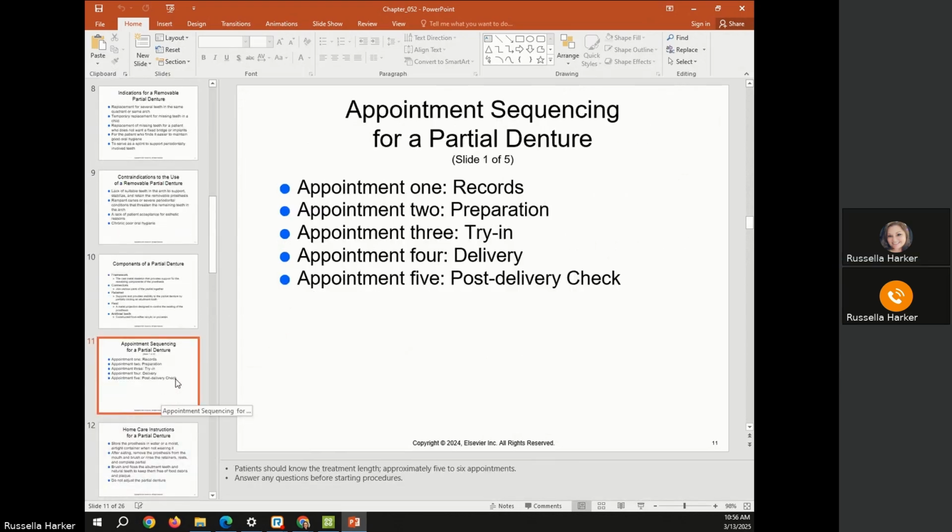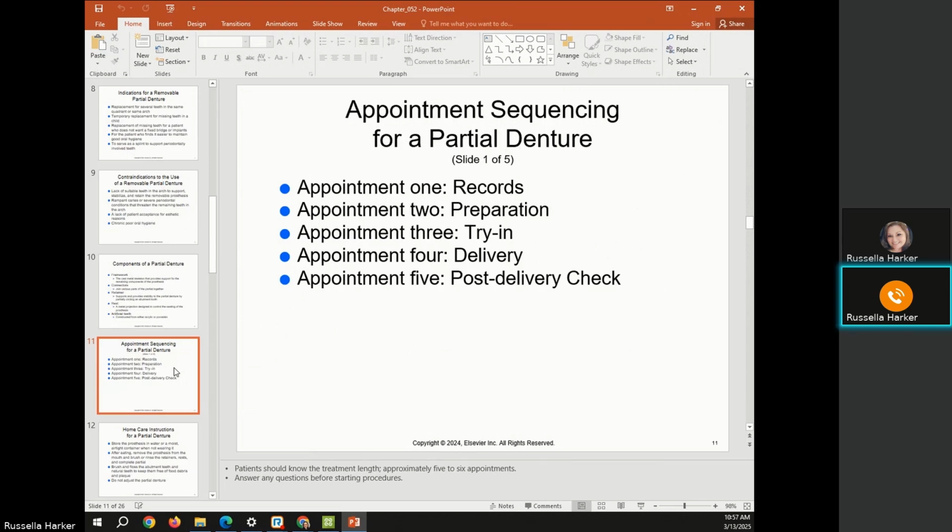So there is a sequence that you have to follow when you are doing an appointment for a partial denture. The first appointment is a records appointment. In that first appointment, they're going to do an updated health and dental history, a cleaning by the dental hygienist, and preliminary impressions and casts completed in stone for the fabrication of the custom trays, either within the office or sent to the dental laboratory.